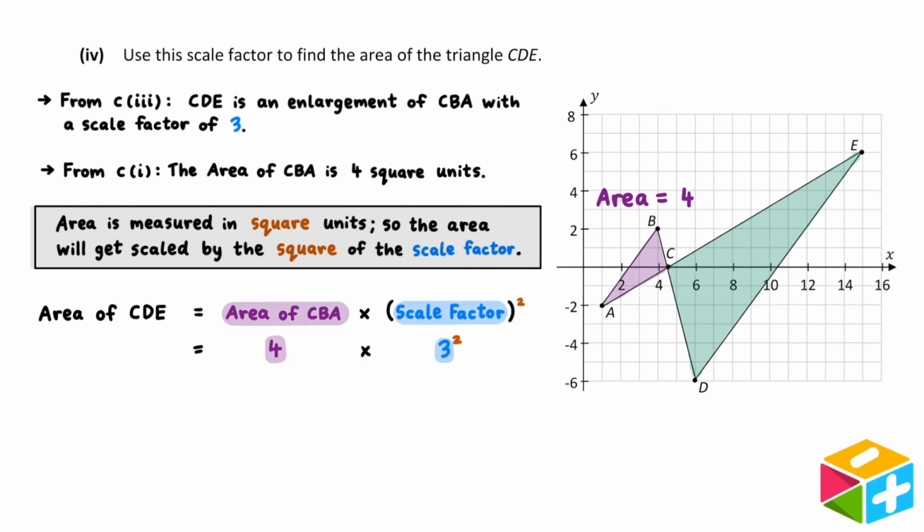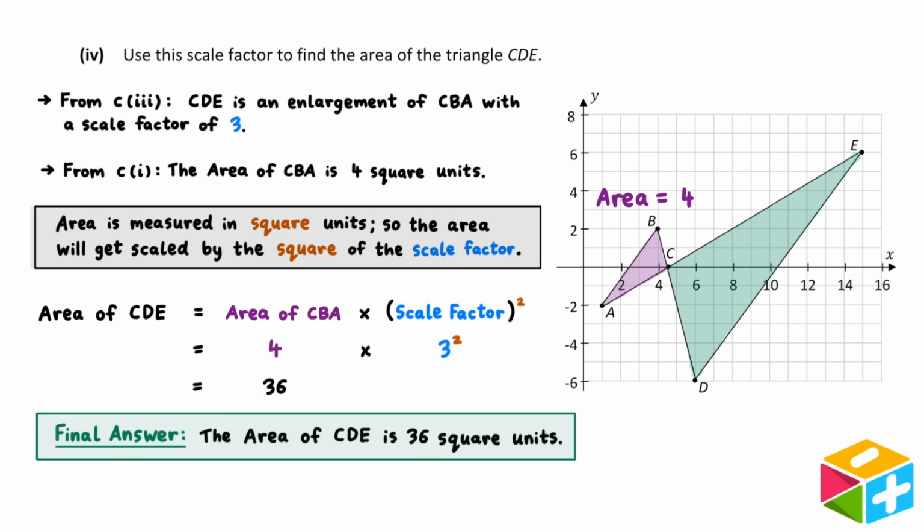Well, we know that the area of CBA is 4 and that the scale factor is 3. When we calculate 4 times 3 squared, we get an answer of 36. So our final answer here is that the area of CDE is 36 square units.